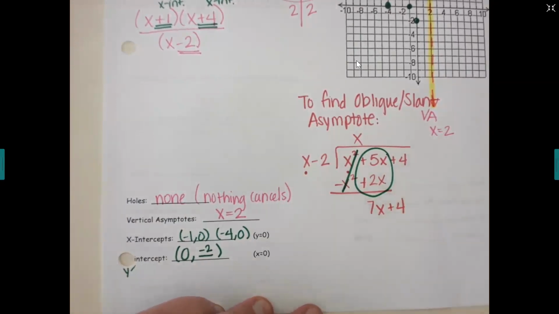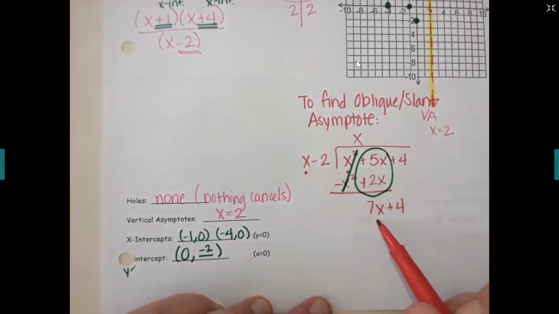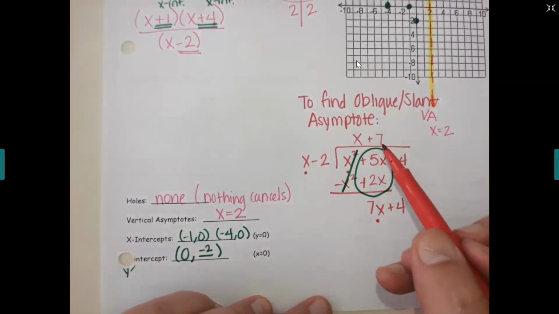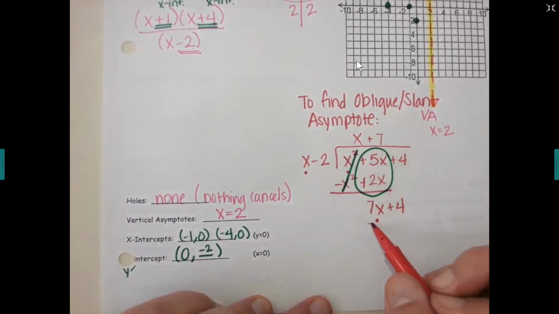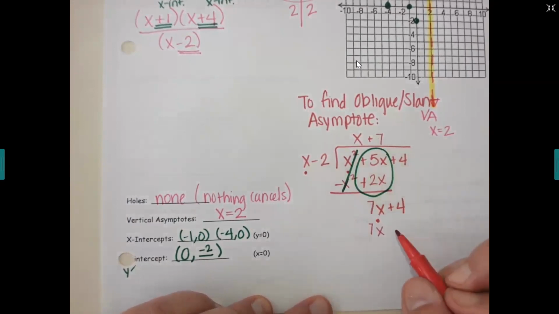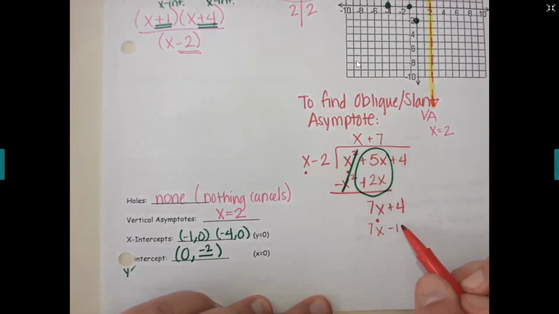Okay, then repeat the process. What would I times x by to perfectly match a 7x? 7 up top. And then I'm gonna do 7 times x is 7x. What about 7 times negative 2? Negative 14, but then what am I gonna do with the signs?